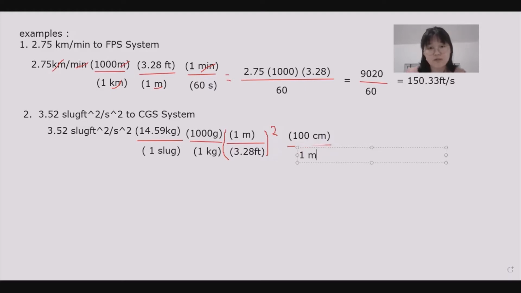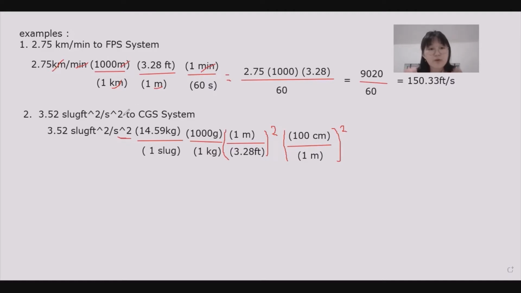Because the distance in here was squared, we need to square this too. We don't need to change second because in the CGS system it's already second.